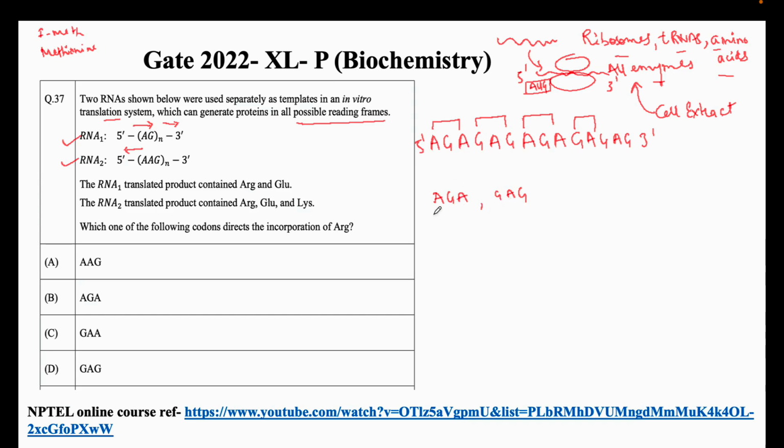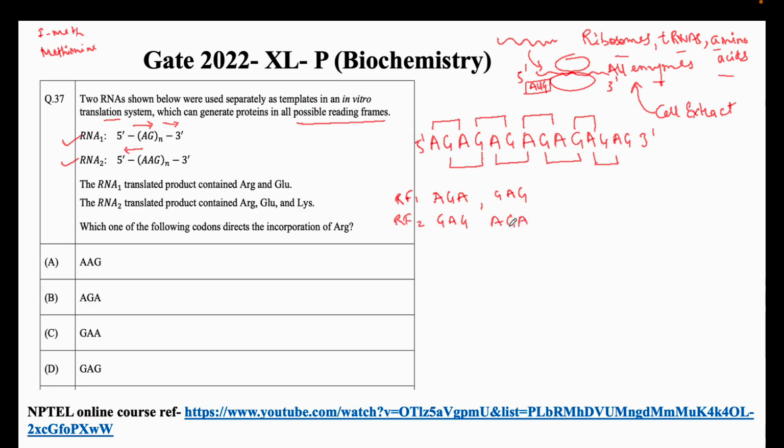Now the second reading frame will begin from here: GAG, AGA, GAG and AGA. As you can see, in reading frame 1 we get AGA and GAG, and in reading frame 2 we get GAG and AGA.